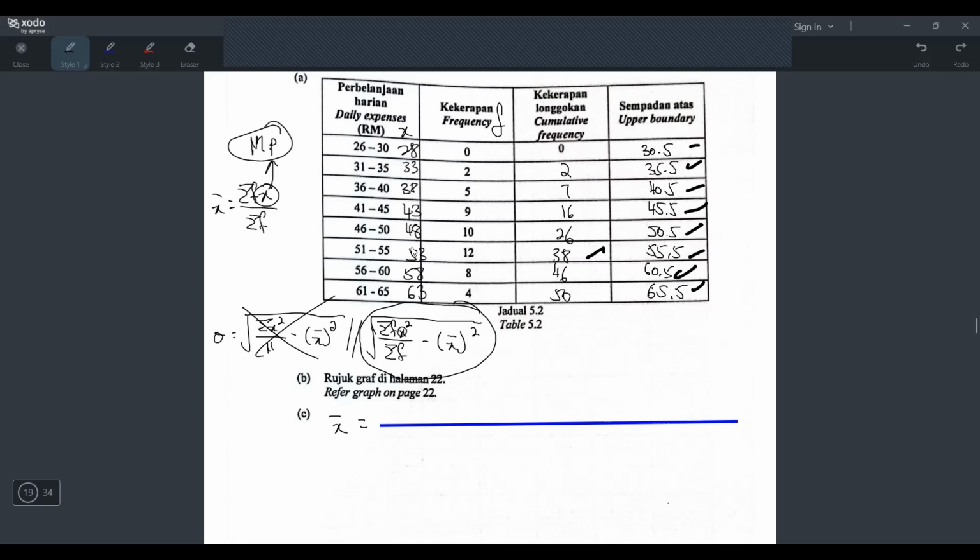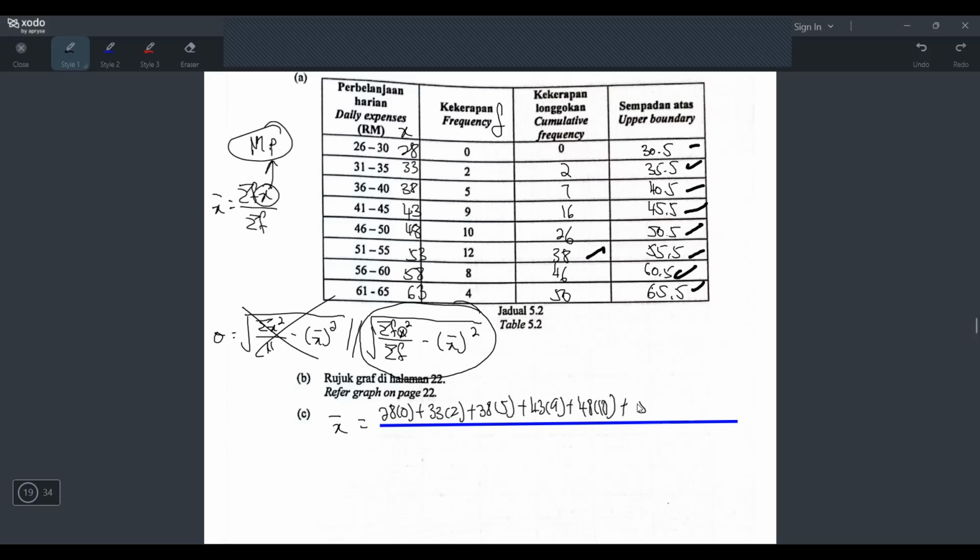So now you can take your frequency and x times together. You'll get 28 times 0, or you want to write 0 times 28 also can. Plus 33 times 2, or 2 times 33 is the same. 38 times 5 plus 43 times 9 plus 48 times 10. If I write bracket like this means times.